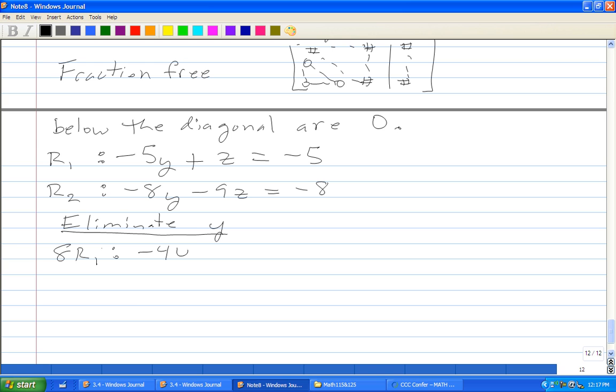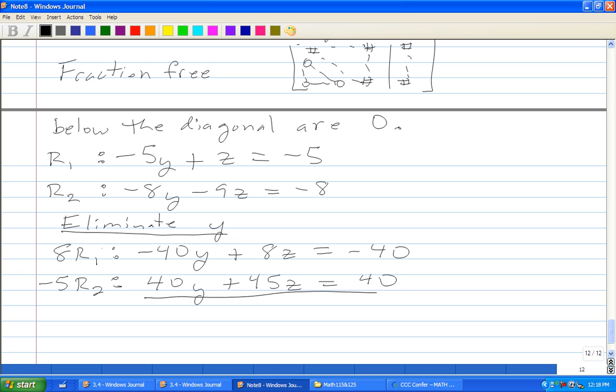So I'll get negative 40y plus 8z equals negative 40. And let me multiply the second by negative 5. So it becomes positive 40y, positive 45z equals positive 50. Then I can add them. So if I do that, the y's cancel. I get 53z equals 0.